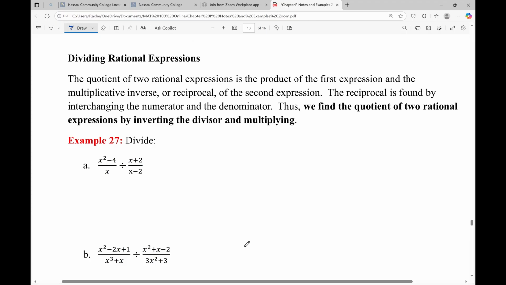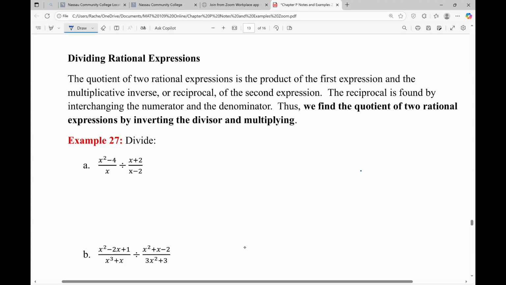So let's look at number 27A. I usually just make the change first so I don't forget and don't treat it as the original multiplication.